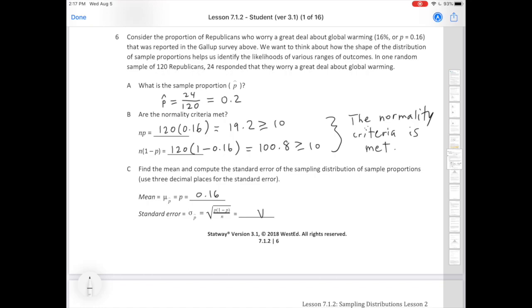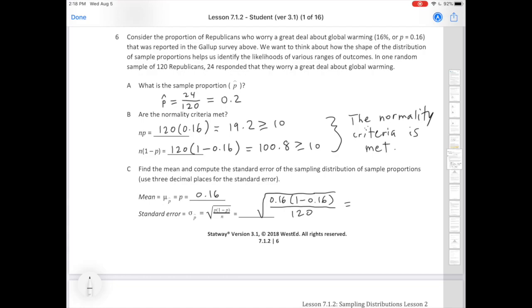What's the standard error going to be? We need to use that square root formula, right? So I'm going to do the square root of p times 1 minus p, so 0.16 times 1 minus 0.16, divided by, in this problem, the sample size, which is 120. I'm not going to demonstrate the calculator presses this time because I already did that in this video. It's the exact same thing.